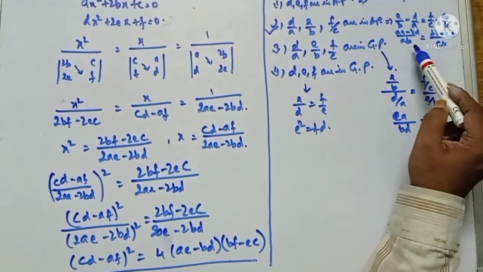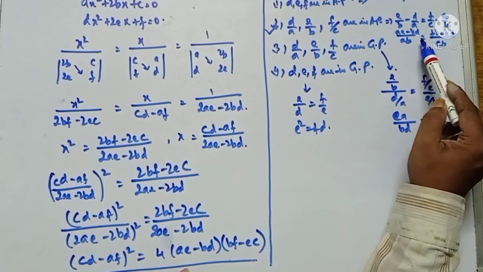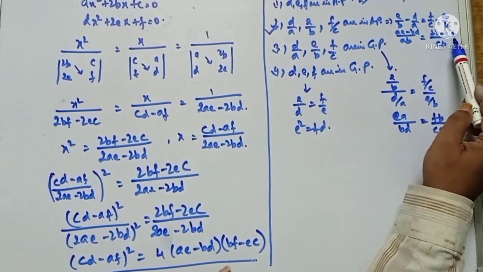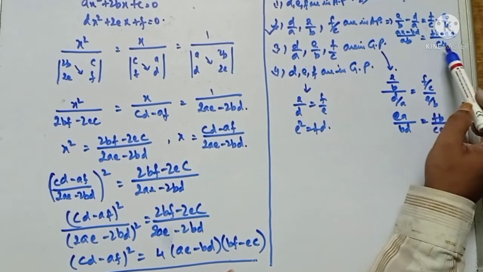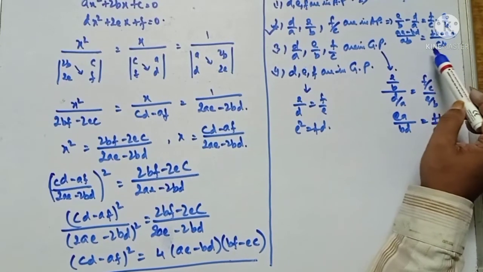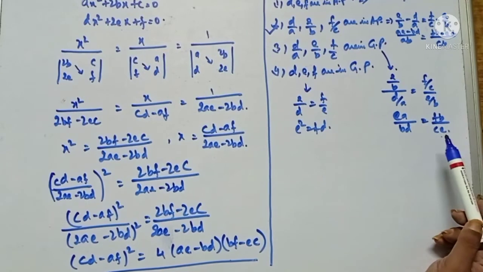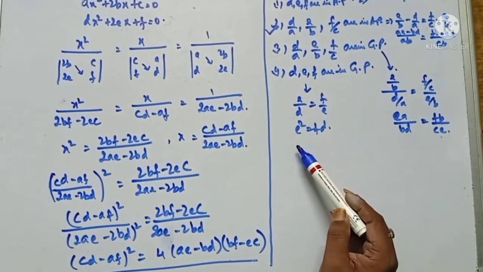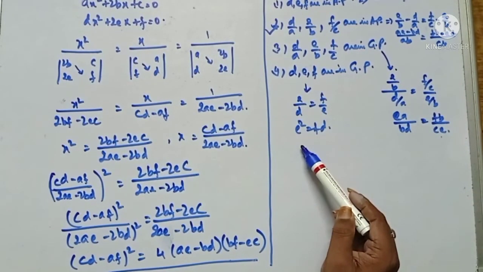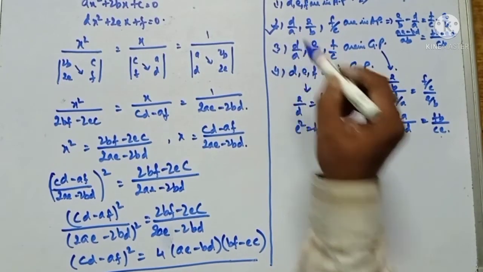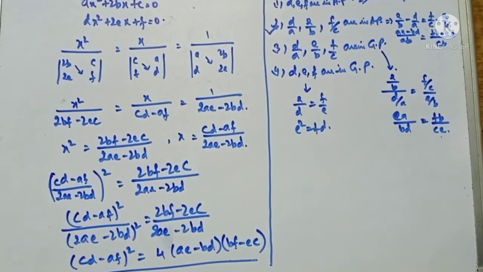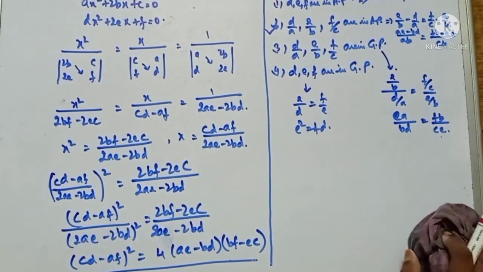But in the second you get a help, that is AE minus BD is equal to BF minus EC. So to some extent it may help, but there is no option to help this equation, and this also there is no option to help this equation. So I have selected the second option. So let me see what happens from the second option.